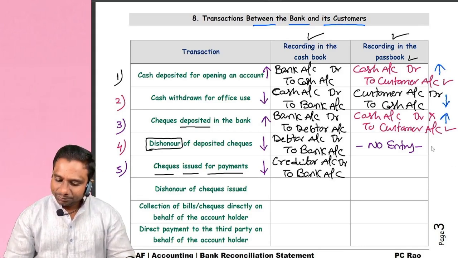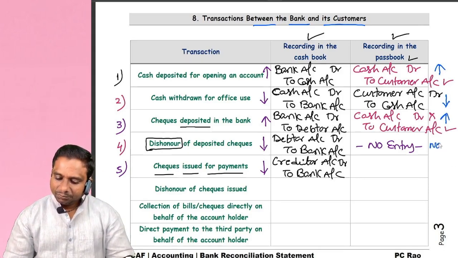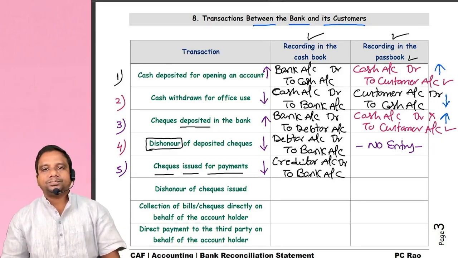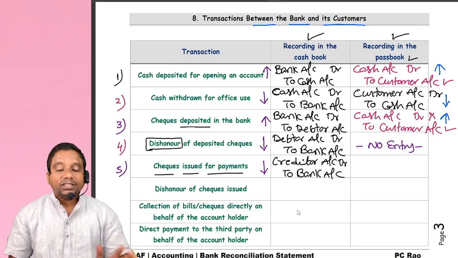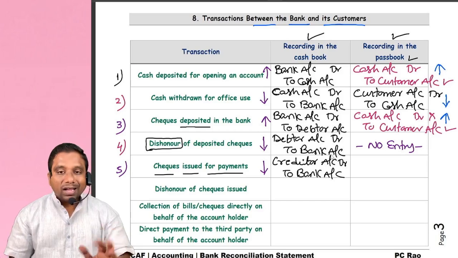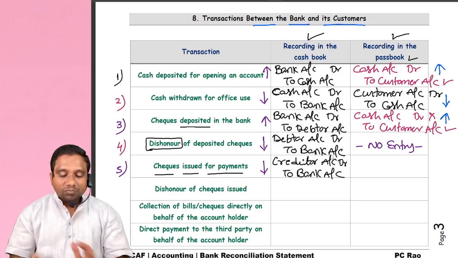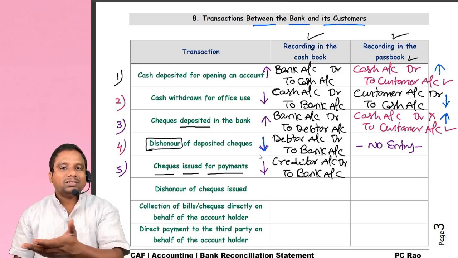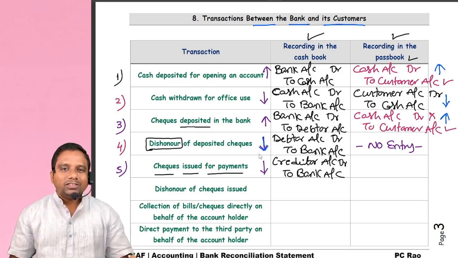But here, no difference. Yes or no, students? If bank earlier had not recorded the entry, here as per cash book they reduced the balance, but in the bank it has the same balance. There is no change.